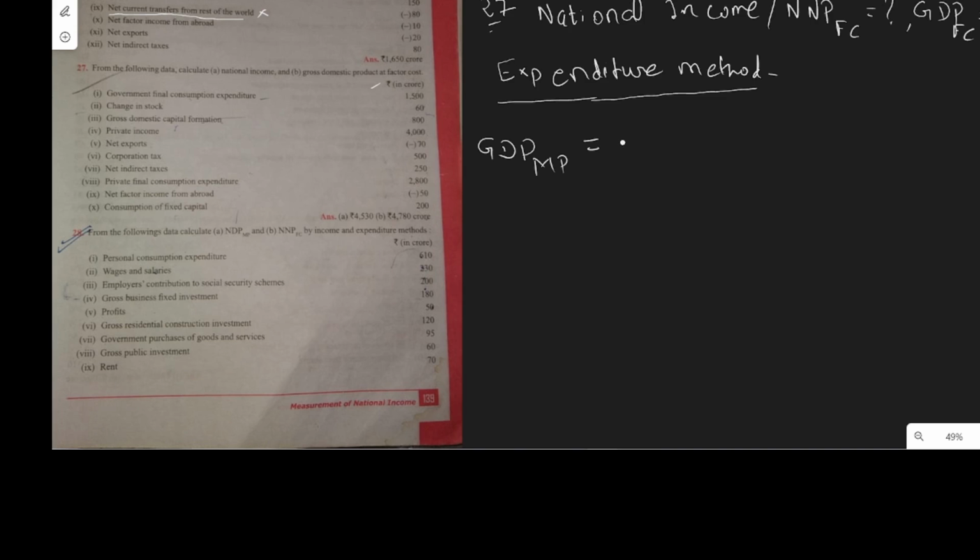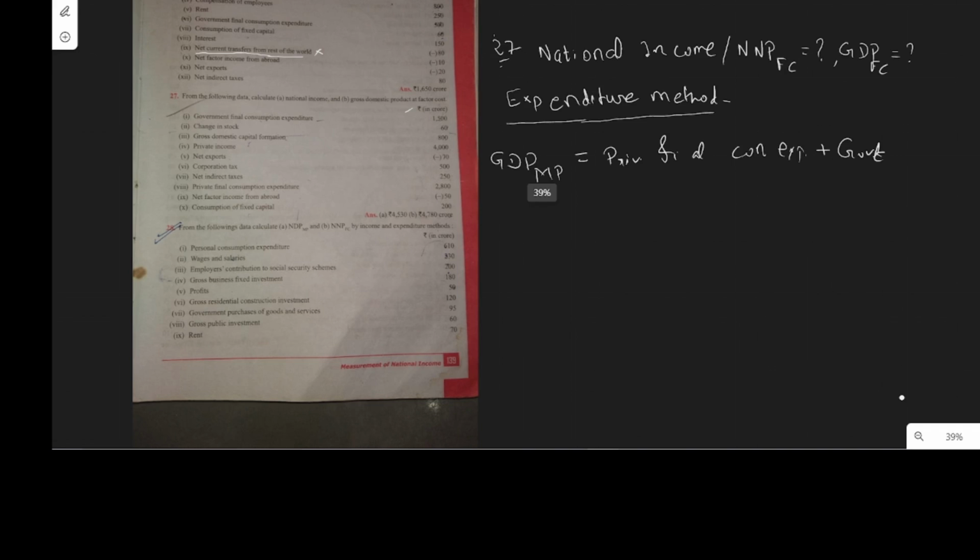Now the formula: private final consumption expenditure plus government final consumption expenditure plus gross domestic capital formation.